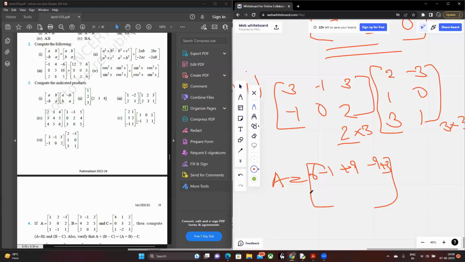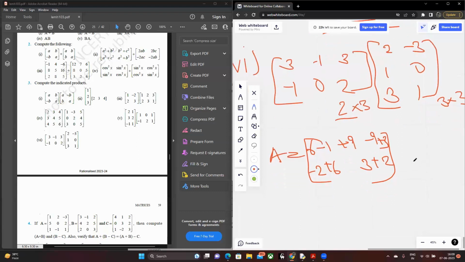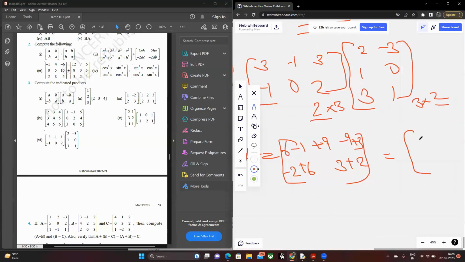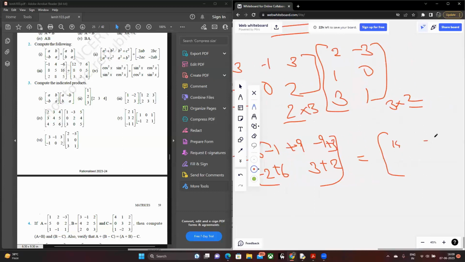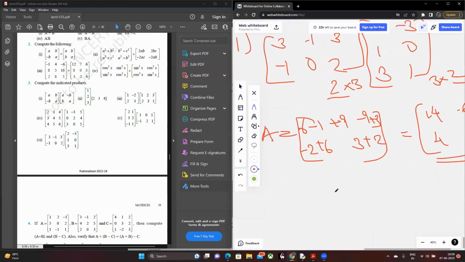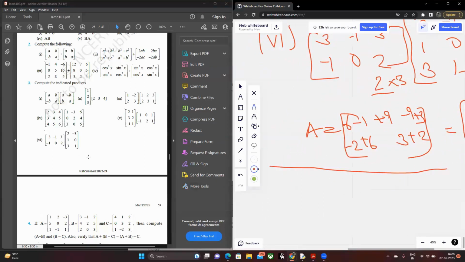And over here is going to be minus 2 plus 6, and it is going to be 3 plus 2, which is equal to 14, minus 6, 4, and 5. I'll just write this properly. This is going to be 14, minus 6, 4, and 5. That is question number 3.